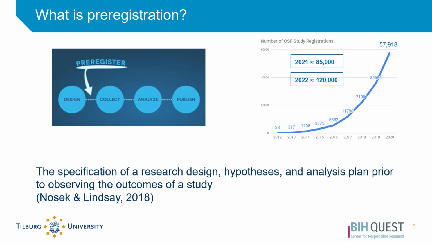And the top right is a depiction of pre-registration really gaining popularity. So you see kind of an exponential growth curve. It's a bit outdated data, this. It goes until 2022, where there were 120,000 registrations on the Open Science Framework, which is a big repository where you can drop your registrations if you have them.